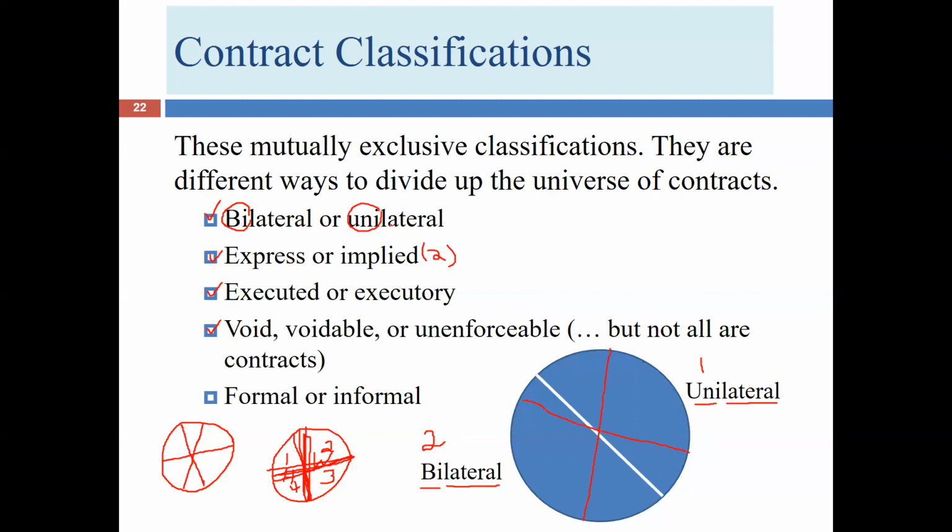And then you might have a unilateral contract that's implied, executed, and voidable. You can mix and match from these categories. They don't all track. It's not like if it's bilateral, it's always express, always executed, always void. In each of these categories, you can have different combinations, so to speak. So let's look at our last way that we're going to talk about today, at least, of how we can divide up the world of contracts.